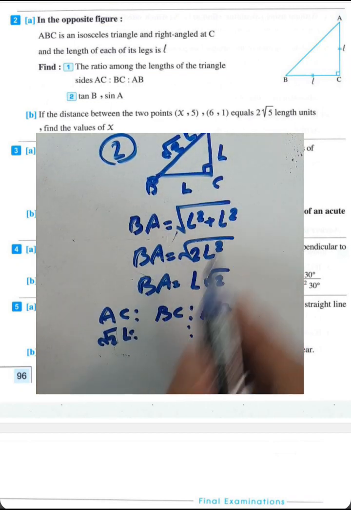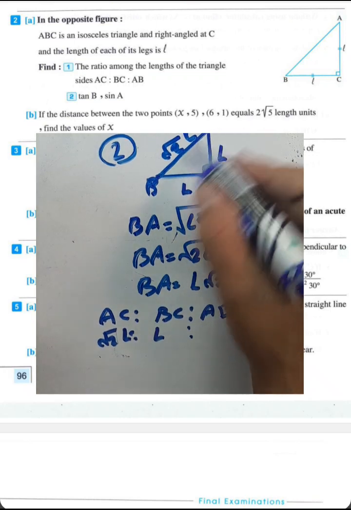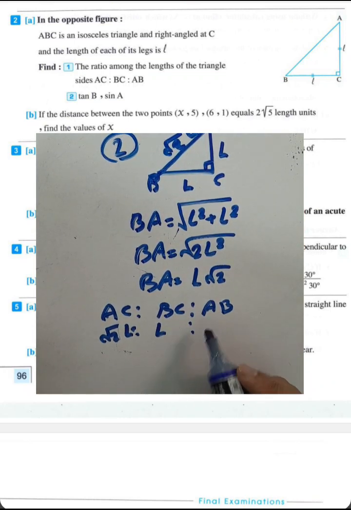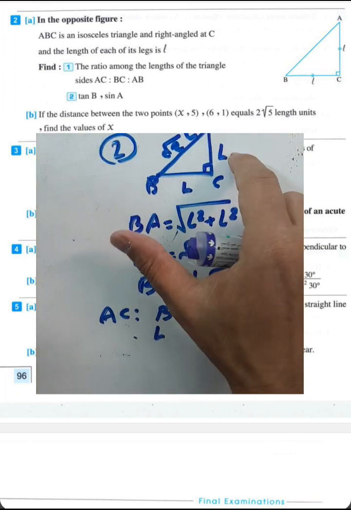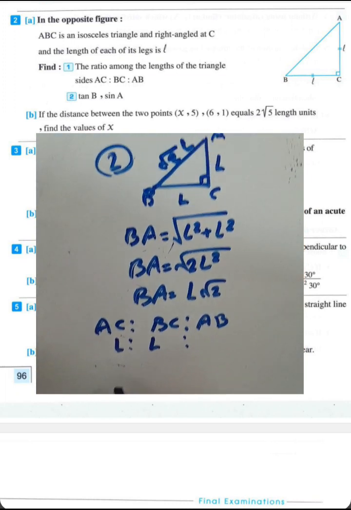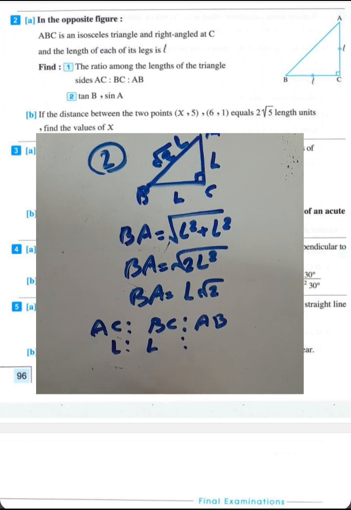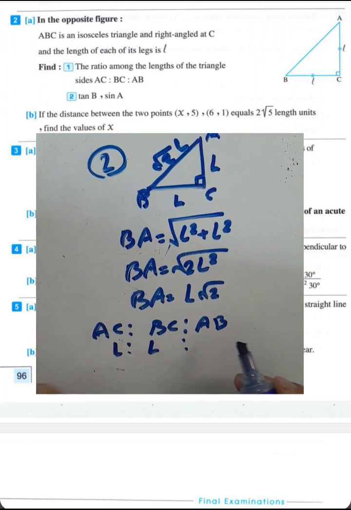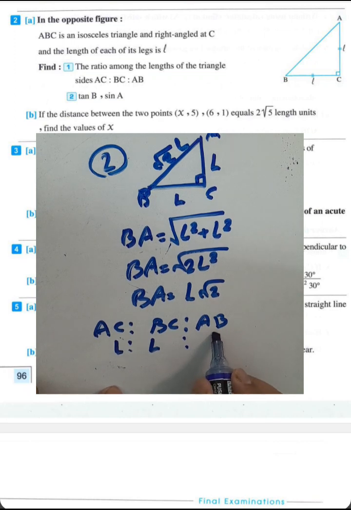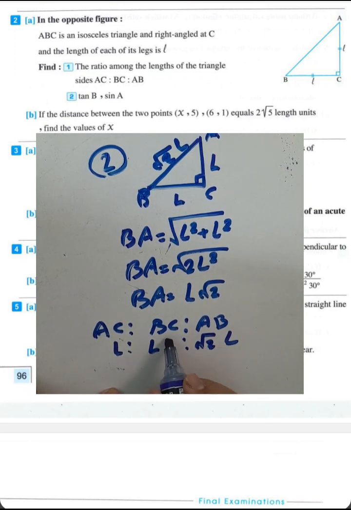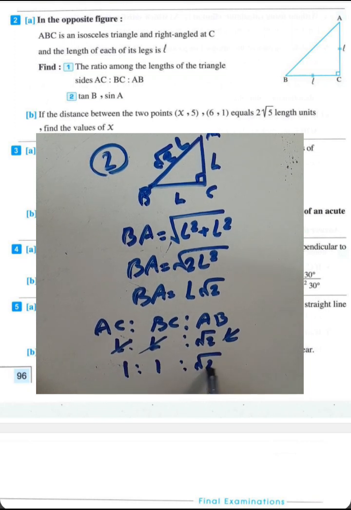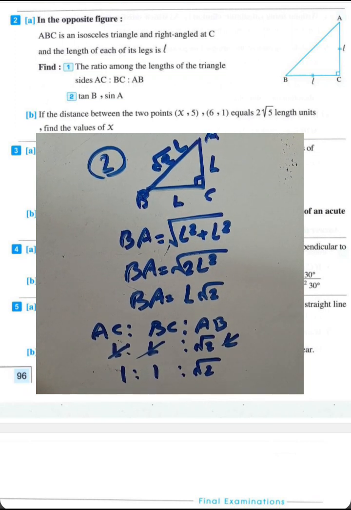And BC was L, and AC was L centimeter. We can cancel L by L by L, and the result will be 1 to 1 to root 2. Okay, it's the ratio between them.